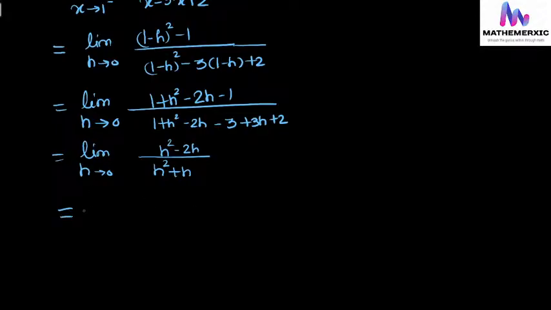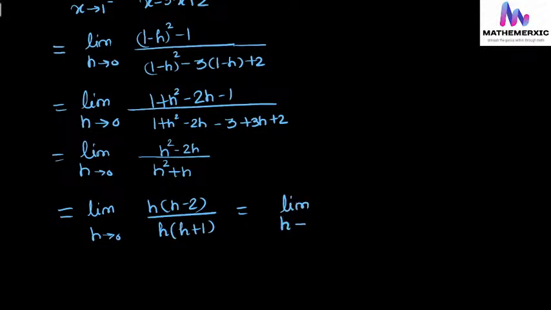h can be cancelled out because h is a value which tends to 0, not a 0 value, right? So this can be cancelled out easily. H tends to 0, h minus 2 and h plus 1. So this can be cancelled out.